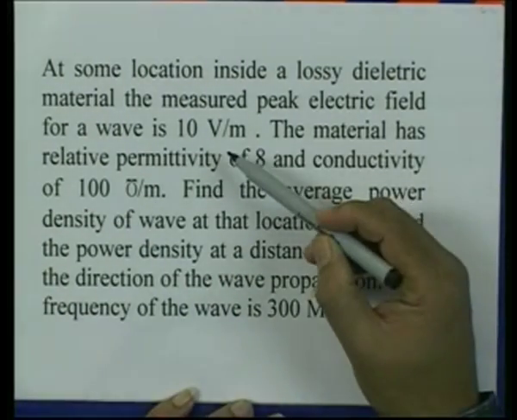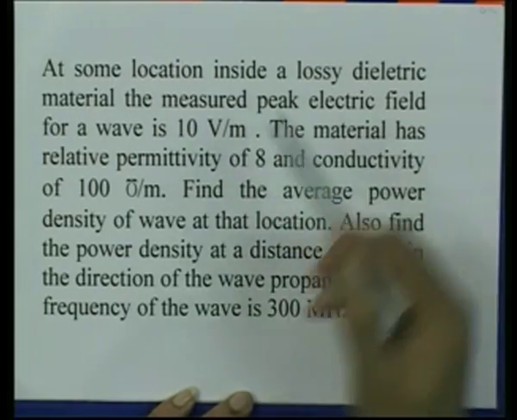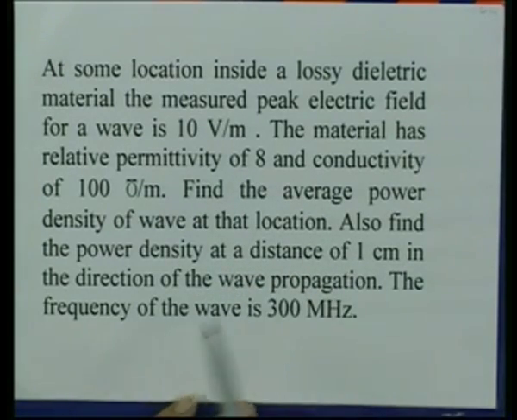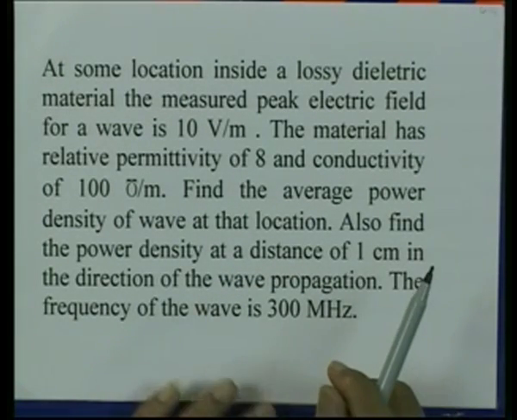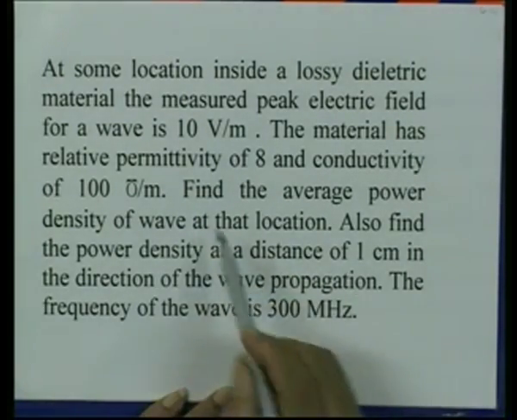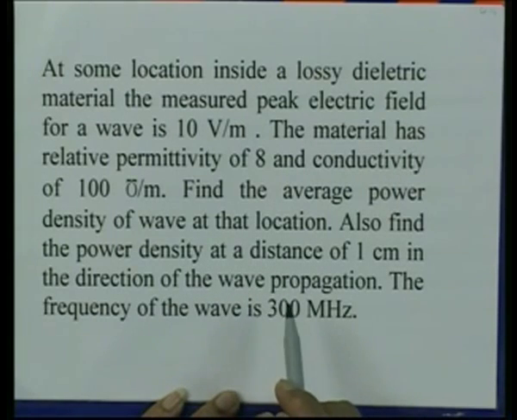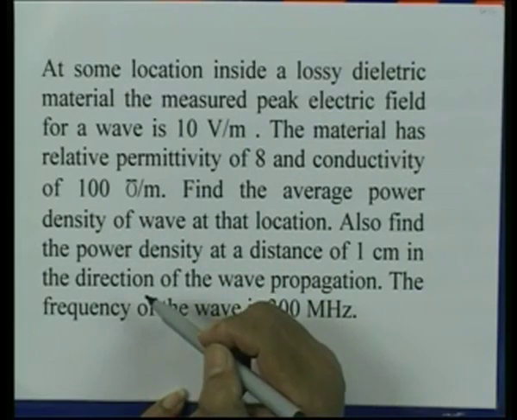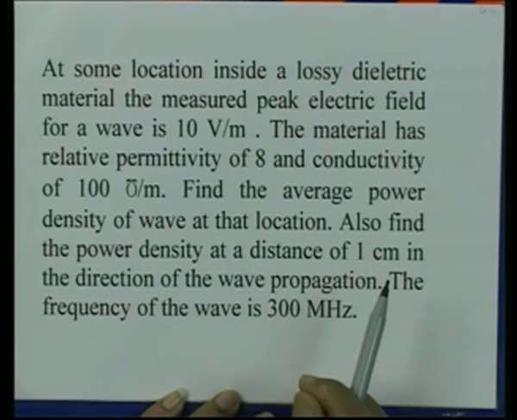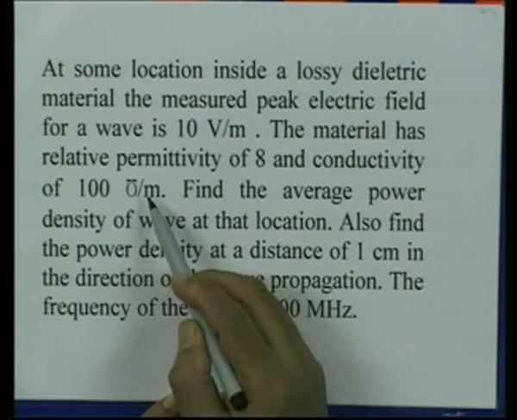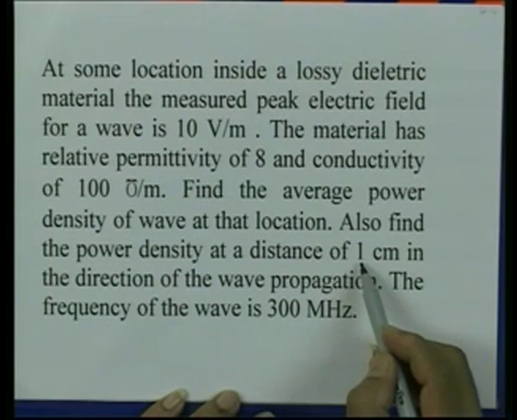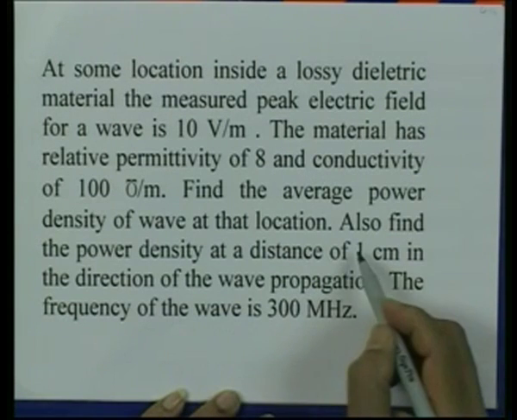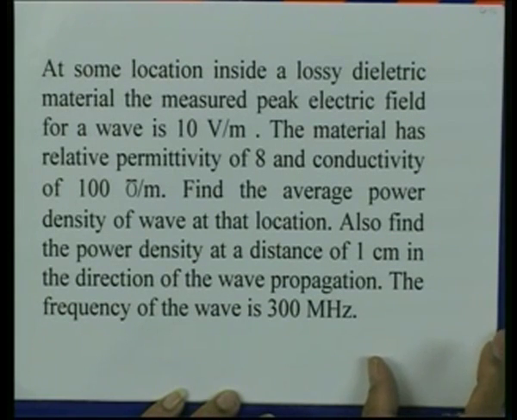So, since the electric field is given and the medium properties are given, we can find out what is called the Poynting vector, which gives me the power density at that location. Again, since the medium properties are given, we can find out the propagation constant, and then we can find out what will be the amplitude of the electric field at a distance of 1 centimeter in the direction of wave propagation, and then again we can calculate the Poynting vector at that location.